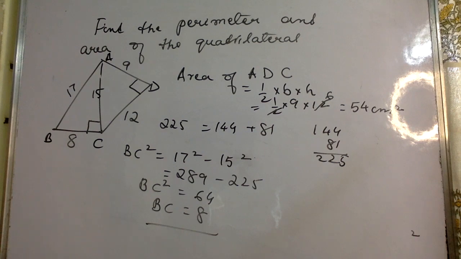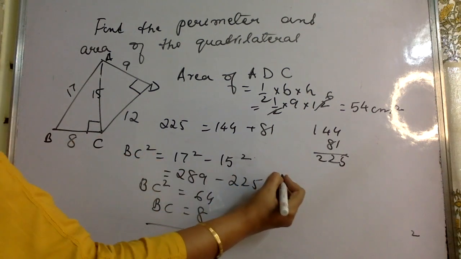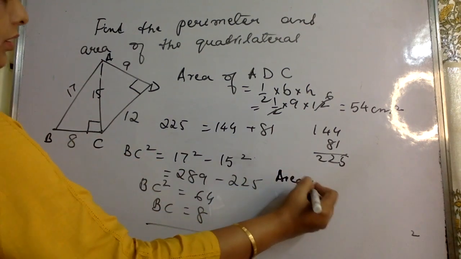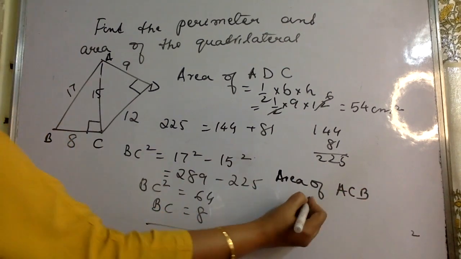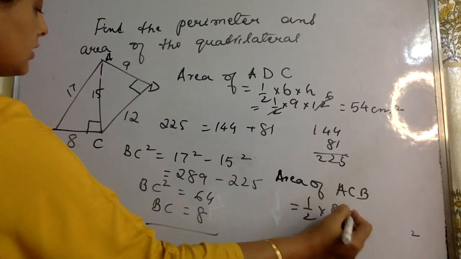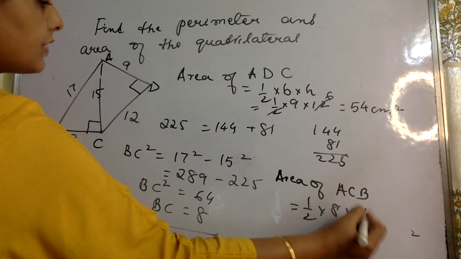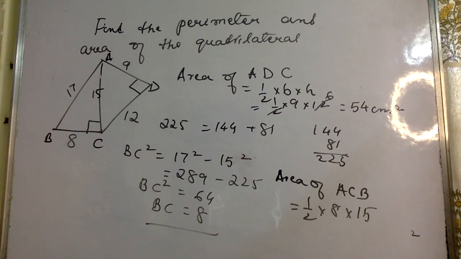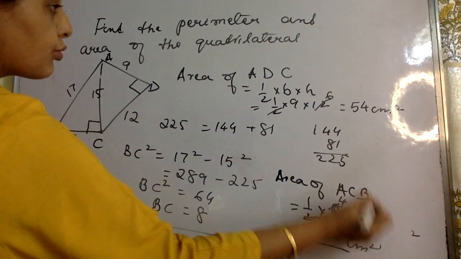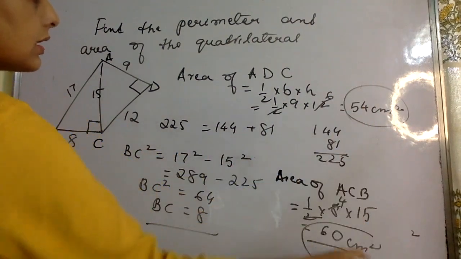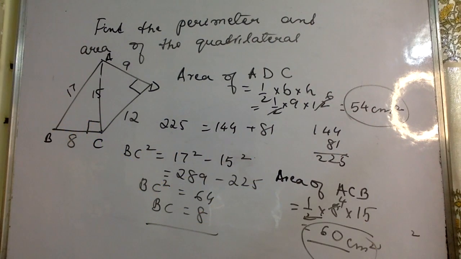Okay, now what is the area of this triangle? The area of ACB is half into 8 into 15, right? Half base into height, and that is 4 into 15, which is 60 centimeters square. So here are my two answers. I can easily add them.